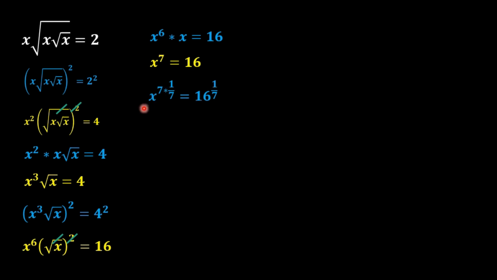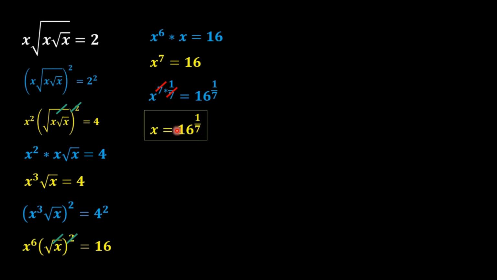As a result, we should get x to power 7 into 1 over 7 equal to 16 to power 1 over 7. Now this 7 and this 7 will cancel out together. As a result, we should get x is equal to 16 power 1 over 7, and this is the answer for this expression, which is x is equal to 16 power 1 over 7.